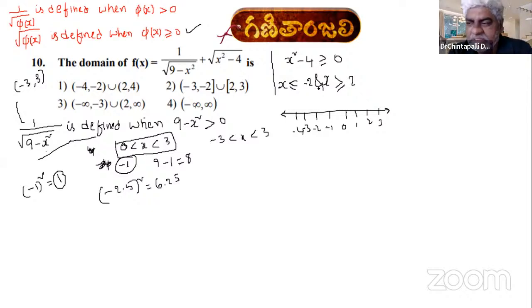Less than minus 2 means minus 3, minus 4, so on. Tell one example which is less than minus 2. Minus 3, sir. Put x is equal to minus 3. Minus 3 whole square is equal to 9, sir. Okay. 9 minus 4. 5, sir. True. Satisfying? Yes, sir.